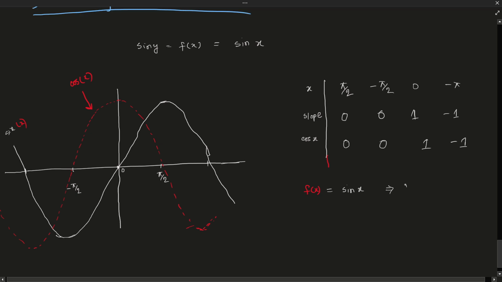So f of x, f prime of x, I mean the derivative, will be cos x. But the same goes with f of x: if f of x is equal to cos x, then f prime of x will be minus sin x.